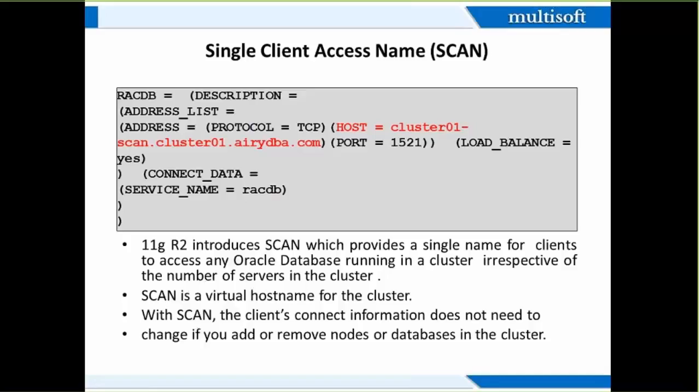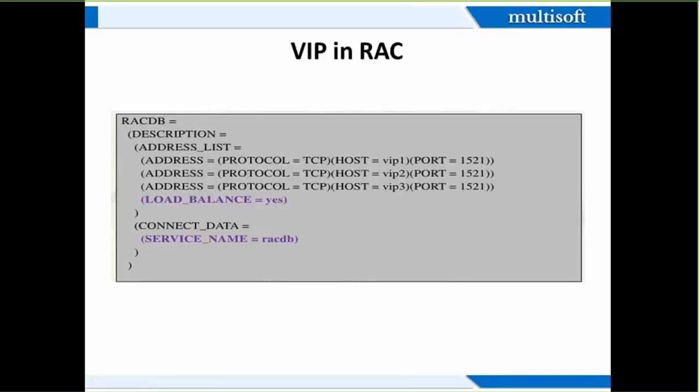So next, this is the thing when I'm using different VIPs. We need to mention three addresses there. Now what happens?